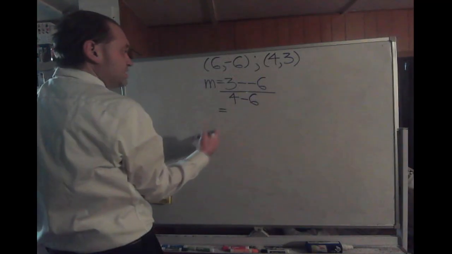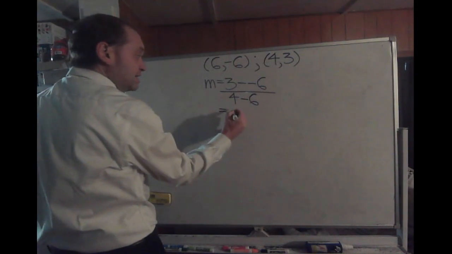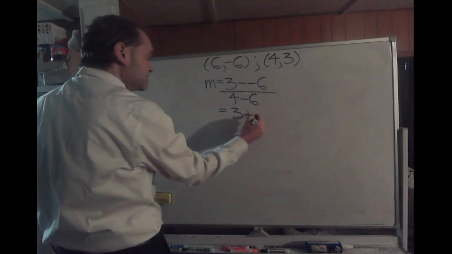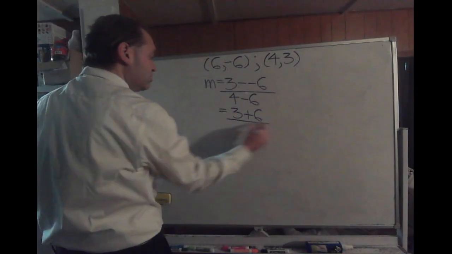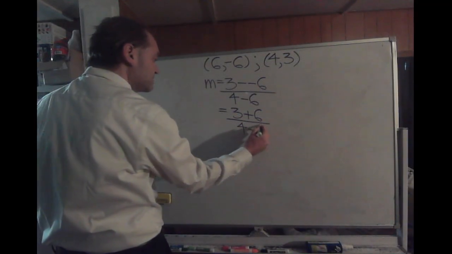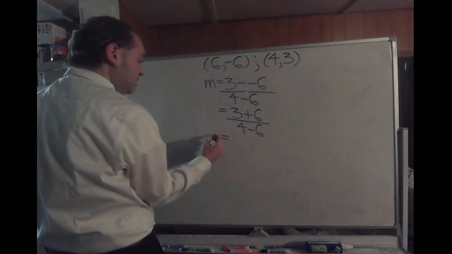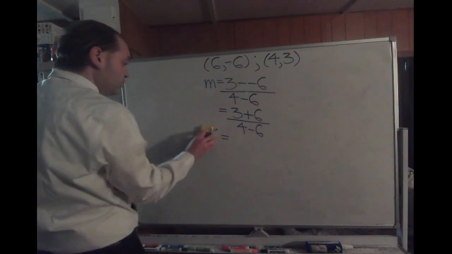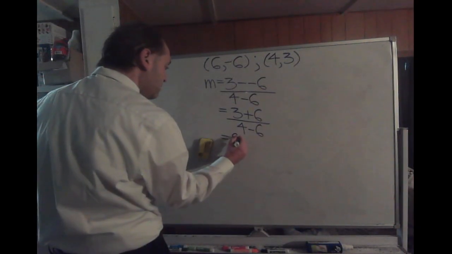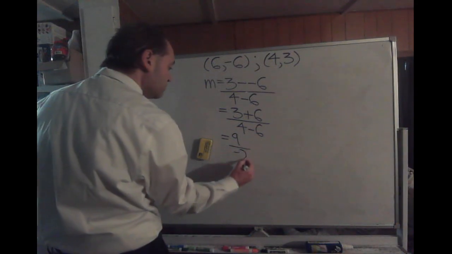Well, what is 3 minus -6? That would be 3 plus 6, still over 4 minus 6, which would end up giving you 9 over -2.